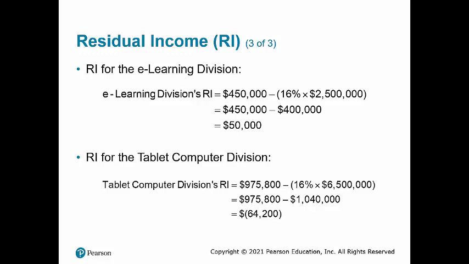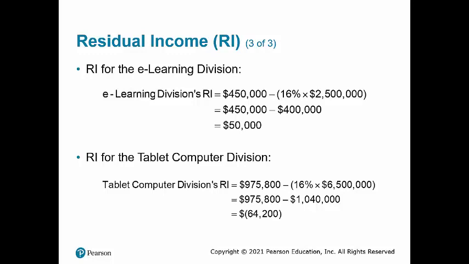The tablet computer division's residual income is negative. This means that the tablet computer division did not use its average total assets as effectively as top management expected. Recall that the tablet computer division's ROI of 15% fell short of the target rate of return of 16%.